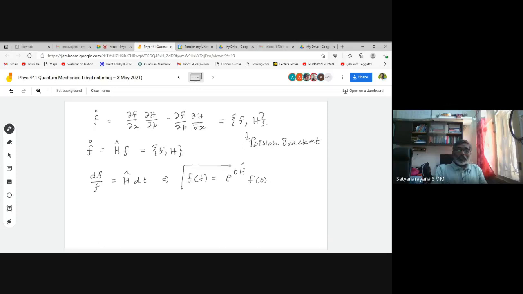This is how I get f of t. This H operator is basically the Poisson bracket operator. So I can say that f of t can be written as identity plus t H plus t square by factorial 2 H square and so on, acting on this function at 0. Okay, so that means what?